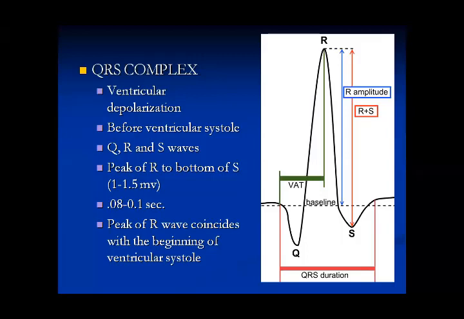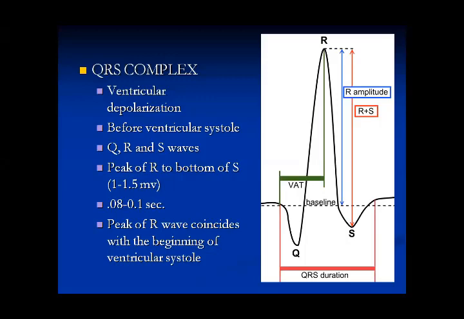QRS complex, which is the ventricular depolarization complex, occurs just before the ventricular systole, and it comprises Q, R, and S waves. Peak of R wave to the bottom of S wave is 1 to 1.5 millivolts, usually when we have placed the electrodes on the limbs, right?